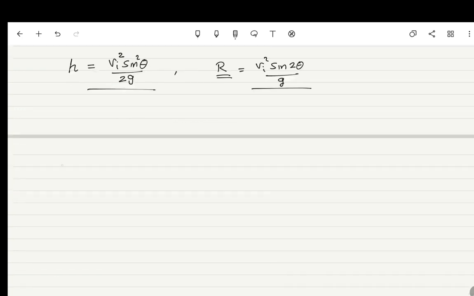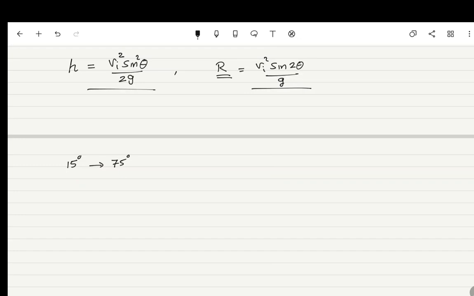Notice that if you fire the object at 15 degrees, you will get the same range as you fire the same object at 75 degrees. Because if you look at the range equation, it's sine 2 theta; sine 30 is the same as sine 150. So the same range you obtain for 15 and 75.